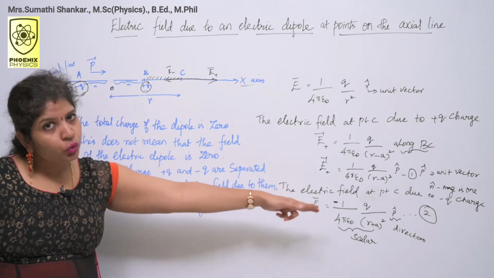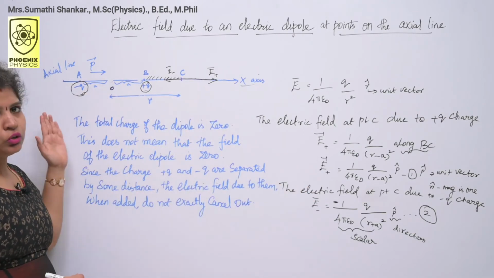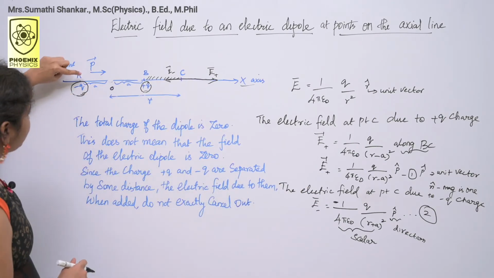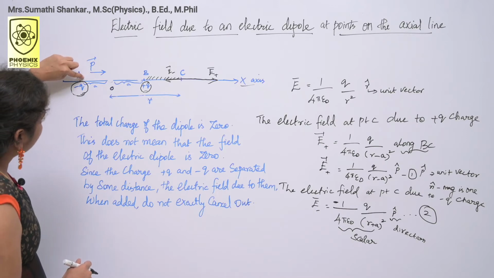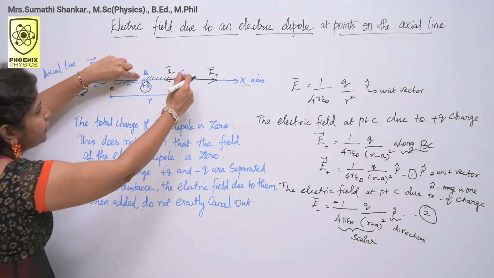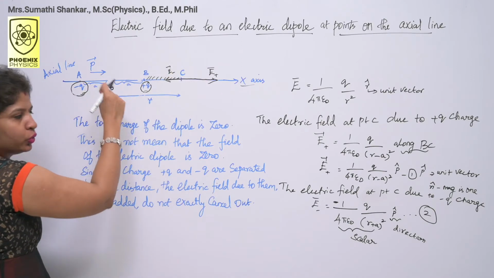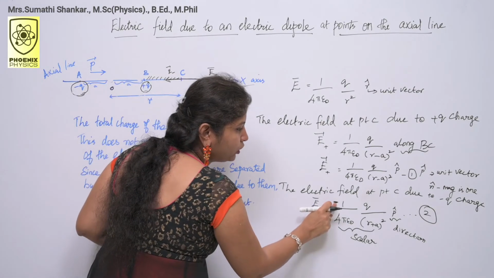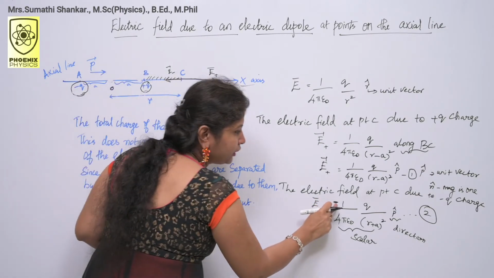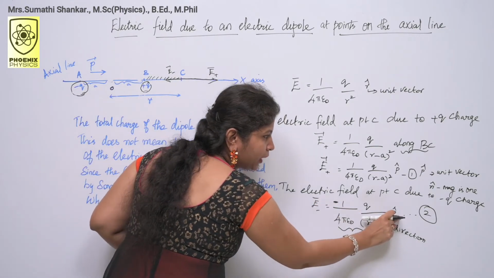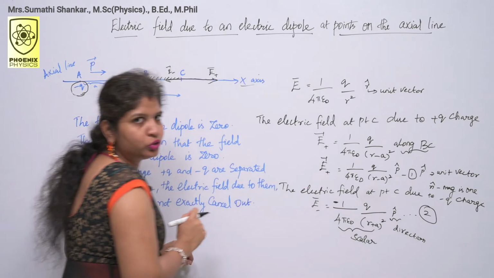The direction of unit vector P is just opposite to the dipole moment direction. The dipole moment direction is from minus Q to plus Q. Here this E minus direction is towards minus Q. That is why I have put the minus sign. This minus belongs to P cap, not to the minus Q charge.